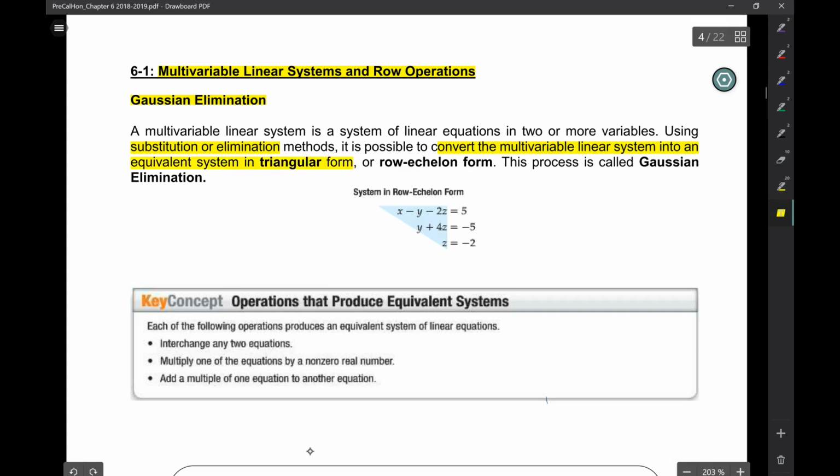So take a look here. This is a matrix. This is a system of equations in triangular form, right? So the last row just has z, then y and z, then x, y, and z. There are 2 names for this, triangular form or row echelon form, and this is called Gaussian elimination.